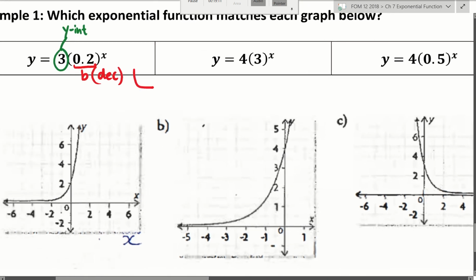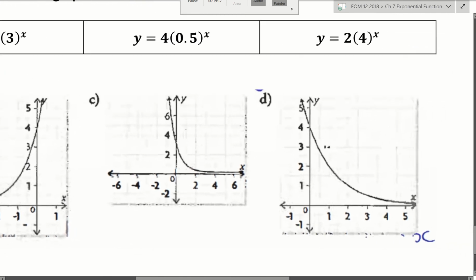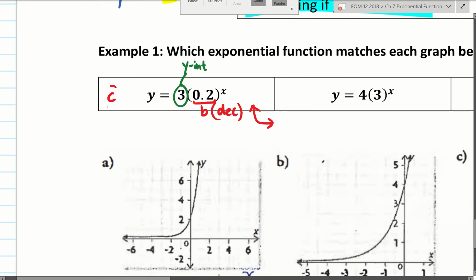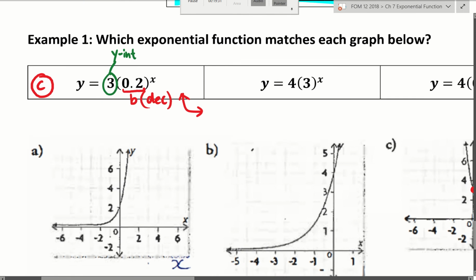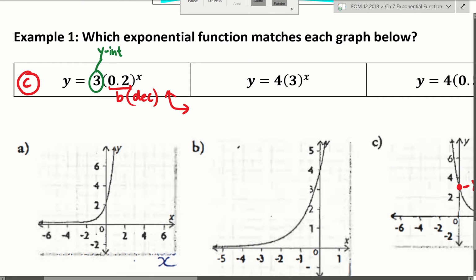So y-intercept at 3 and decreasing. Decreasing means it goes this way; increasing goes the other way. Oh yeah, right here. Look at that y-intercept at 3, and it's decreasing. So that's it. That one is C. Now we look at the next two in exactly the same way.